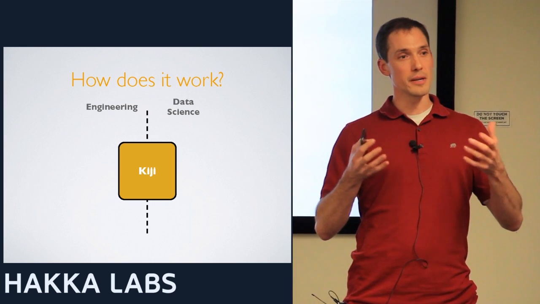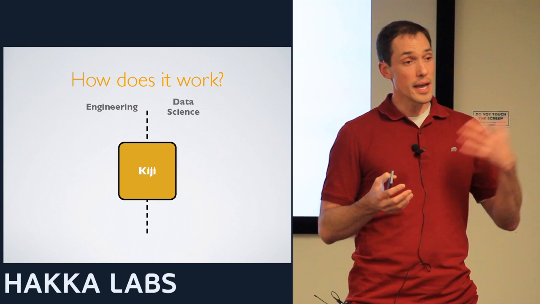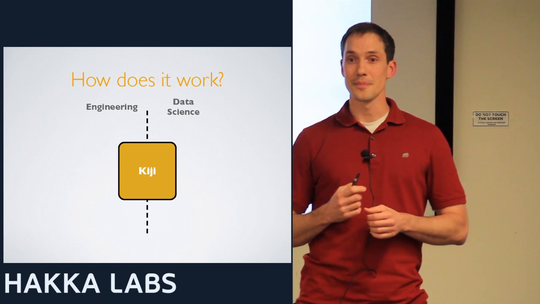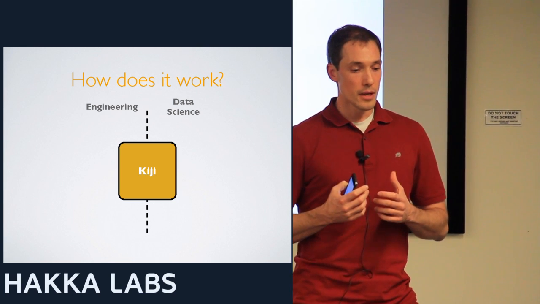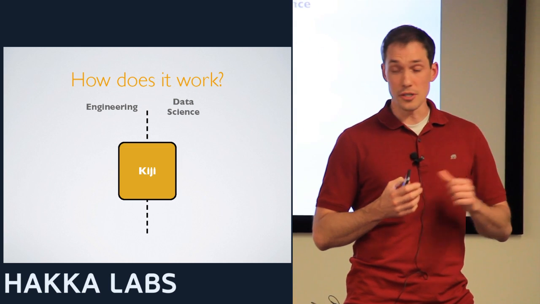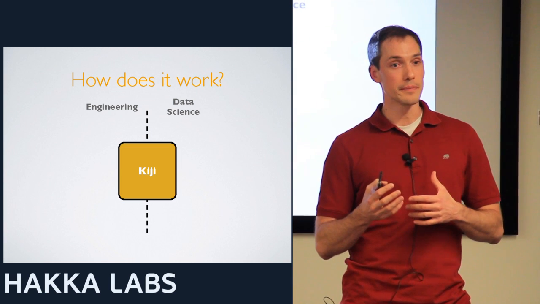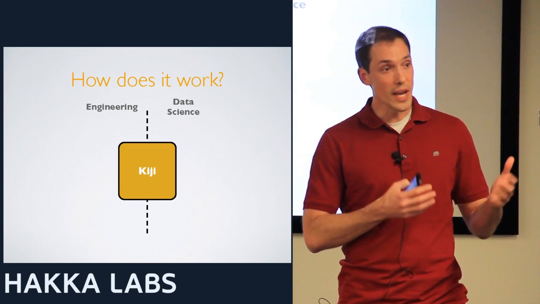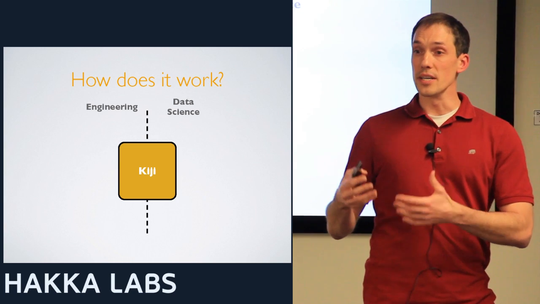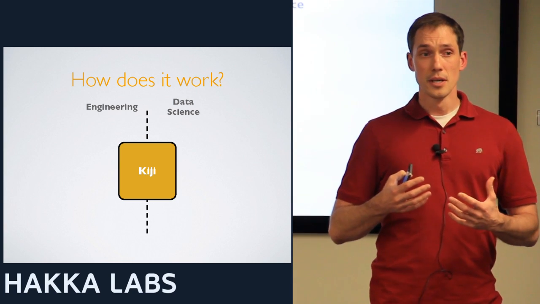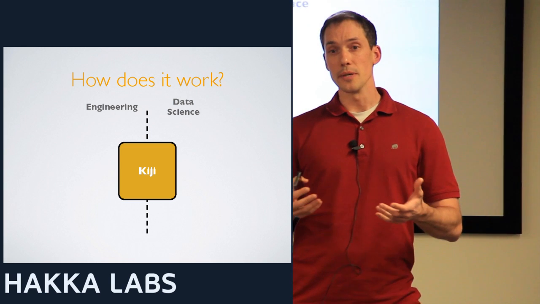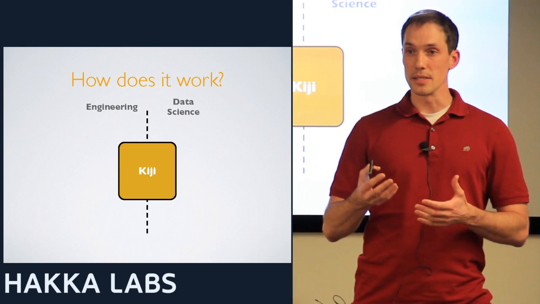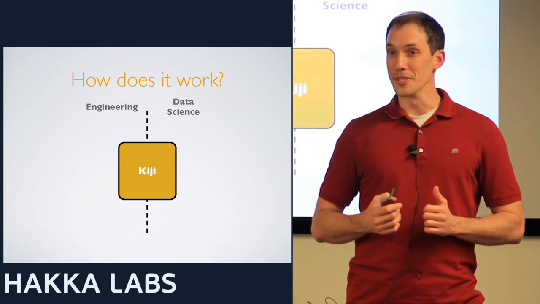The storage system sits between the engineers and the data scientists in your organization. Engineers typically care about ways to write data to Kiji and ways to read it back. And the most important thing to them is usually having very clean, consistent, stable APIs for doing so.